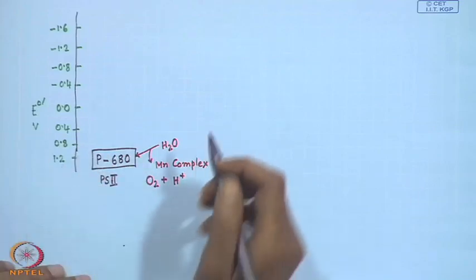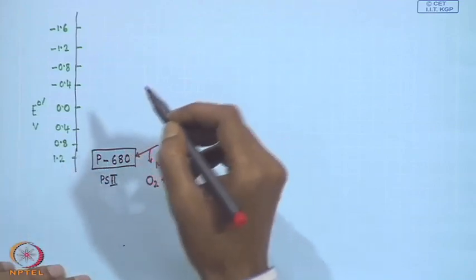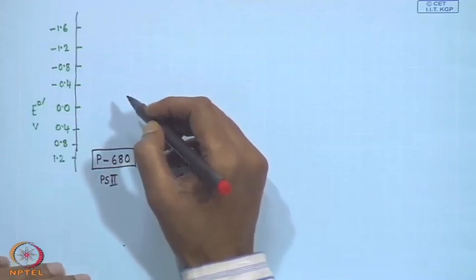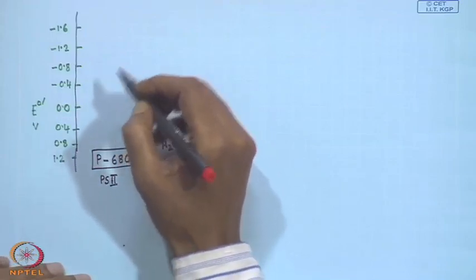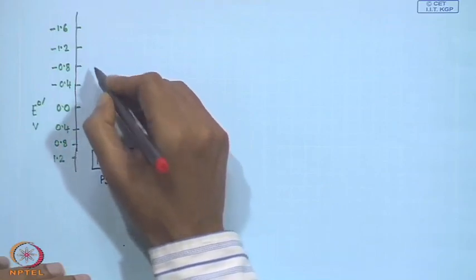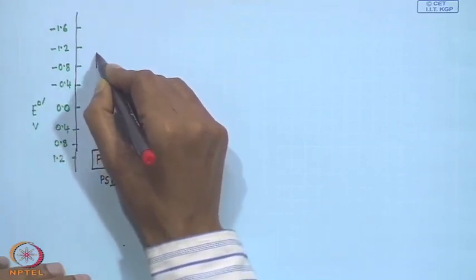When it is at 1.2 volt, it is not showing any kind of this activity in PS2. So, you can photoexcite it to a point which is somewhere here.